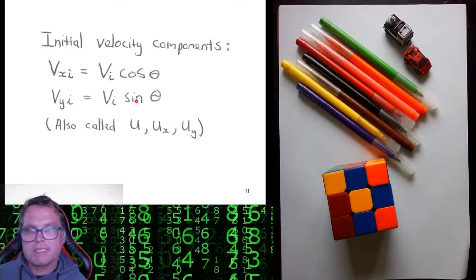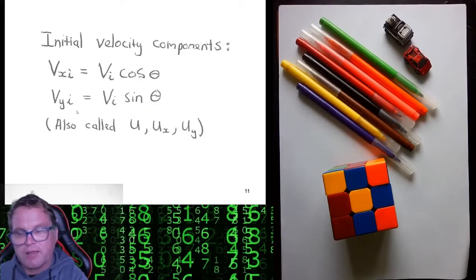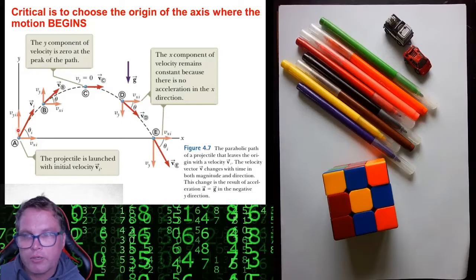On the following slide, the initial component vxi is equal to vi cos of theta, and vyi is equal to vi sine of theta. So we can find the x and the y components of the initial velocity using cos and sine of theta. Remember, it's as we did in the chapter on vectors. The x components follow cos, y components follow sine.